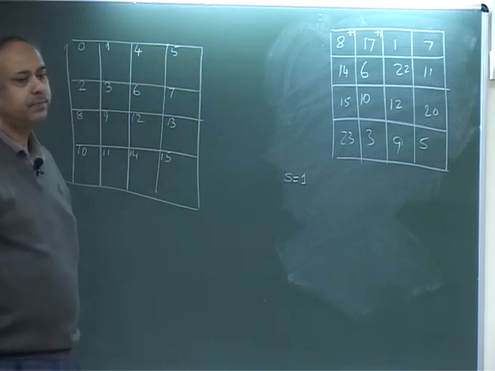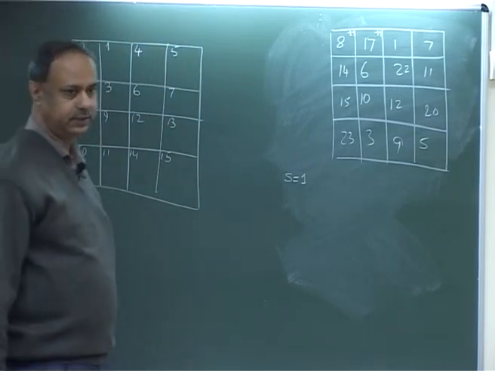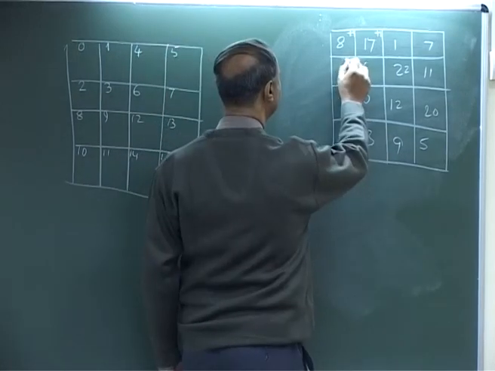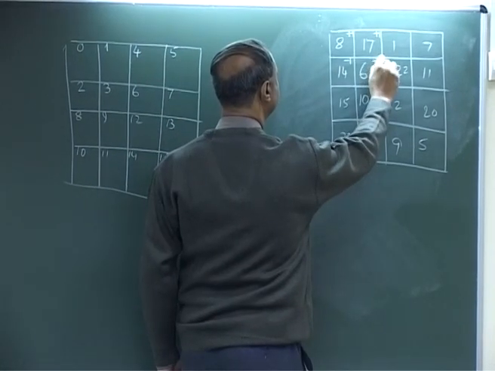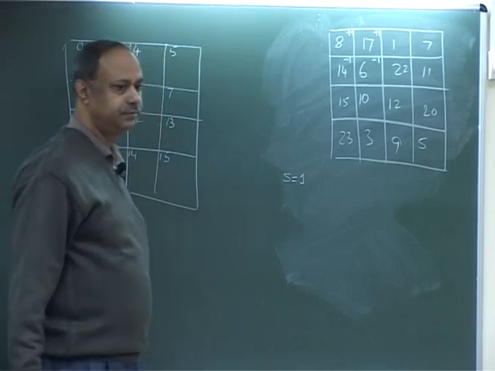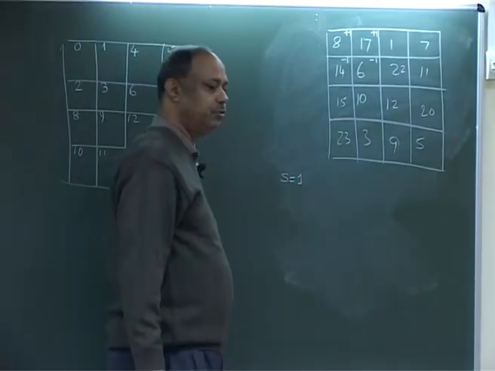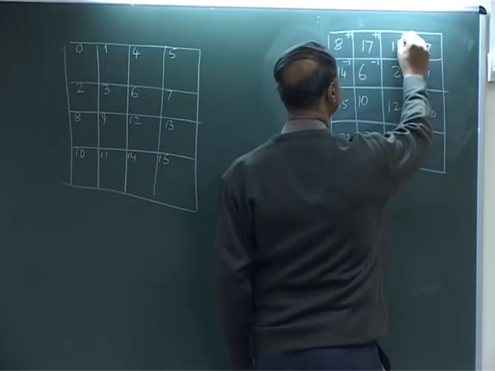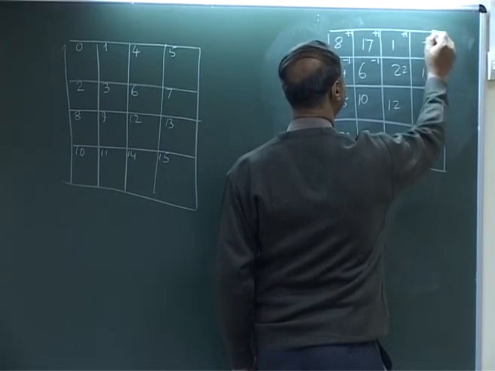Now, 2 by 2 to the power 1 is 1, which is odd, so minus 1, and this is also minus 1. 4 by 2 to the power 1 is even, so plus 1, plus 1.